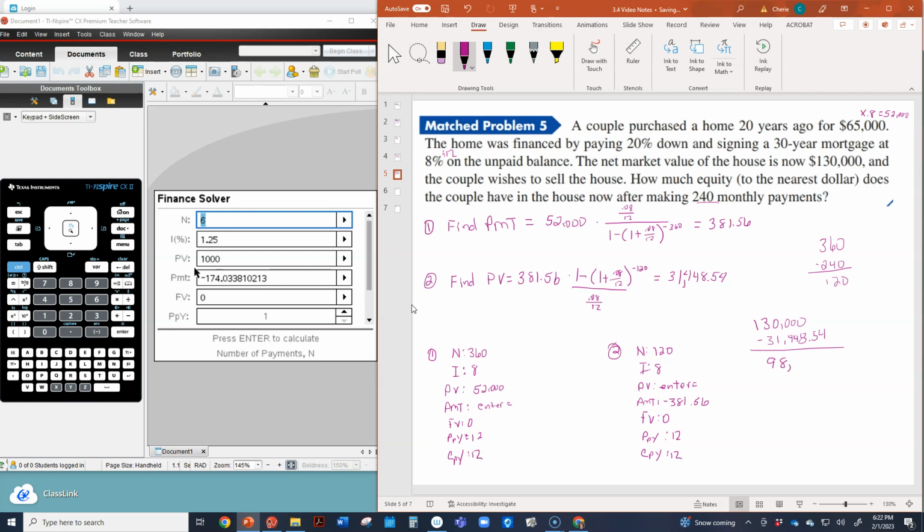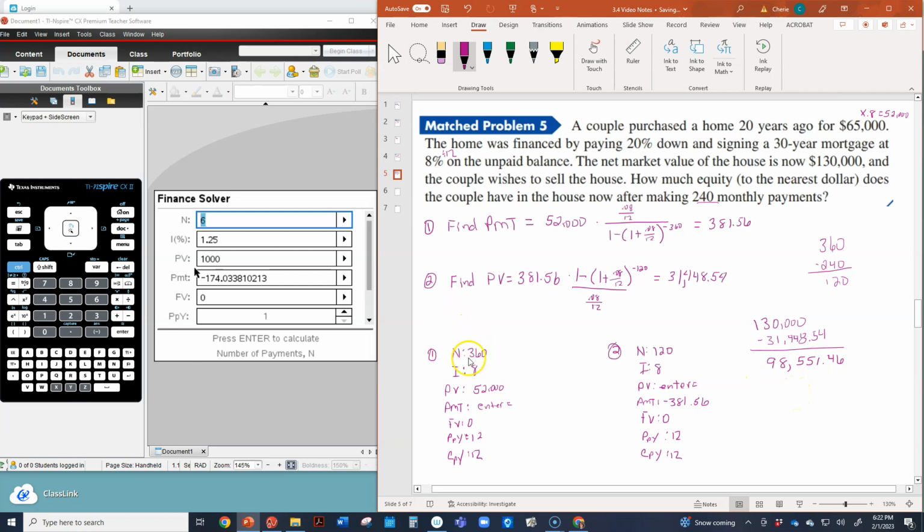So if you sell your house 20 years after making $381.56 payments, and you are able to sell it for $130,000, you will walk away with a check for $98,551.46. Probably going to put that toward another house, though.